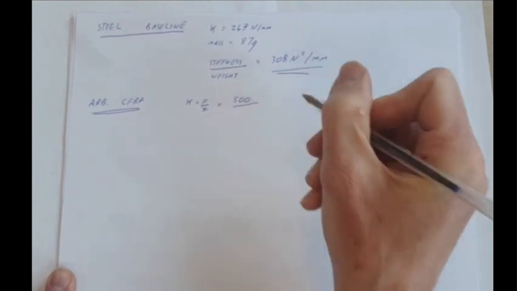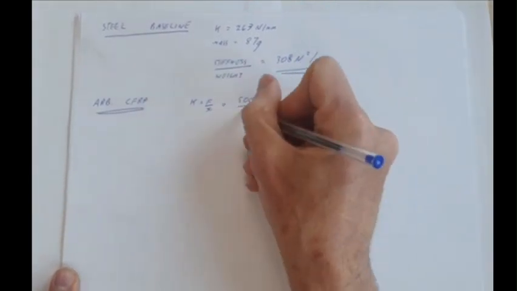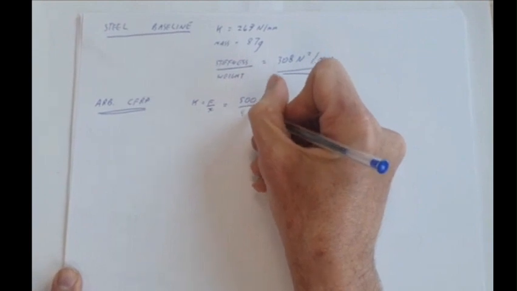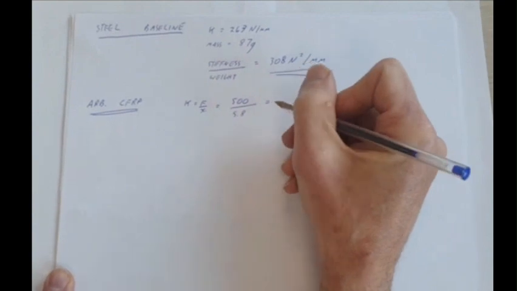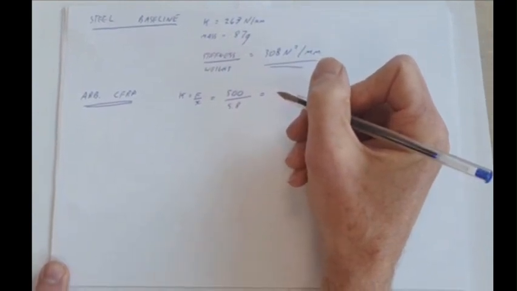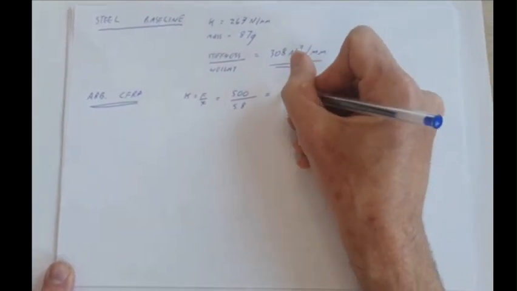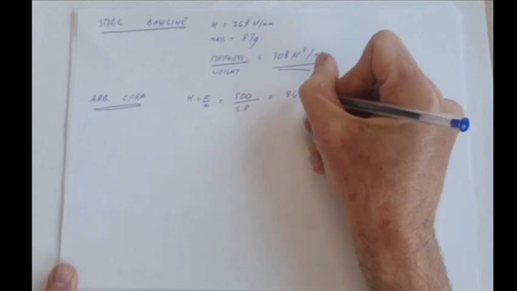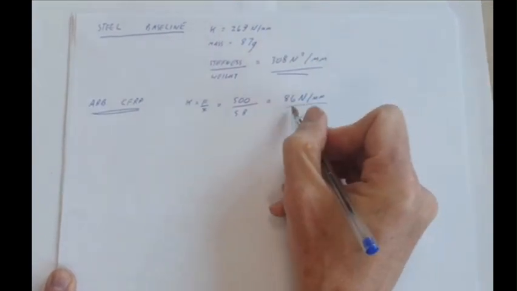Our displacement, however, this time is 5.8 millimeters. That's what we've just seen, 5.8 millimeters. So that gives me a stiffness of 86 newtons per millimeter.